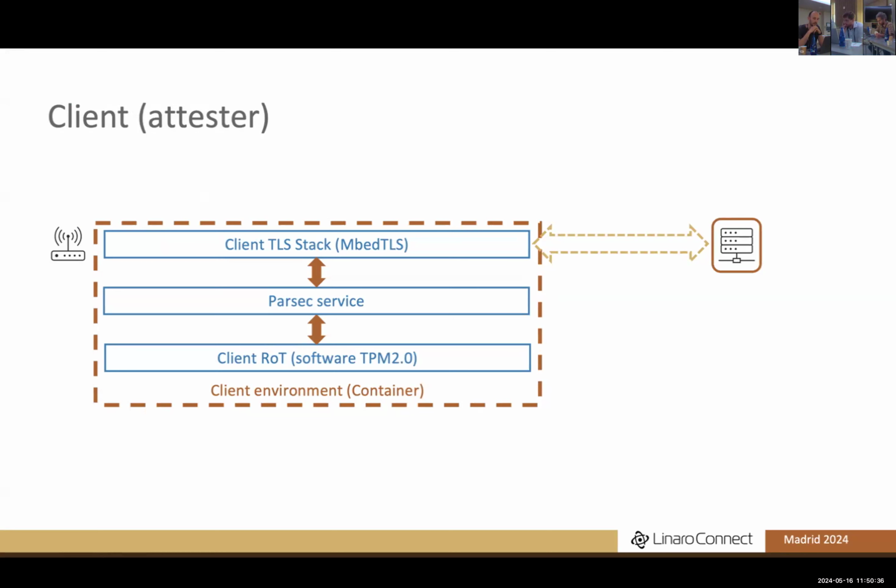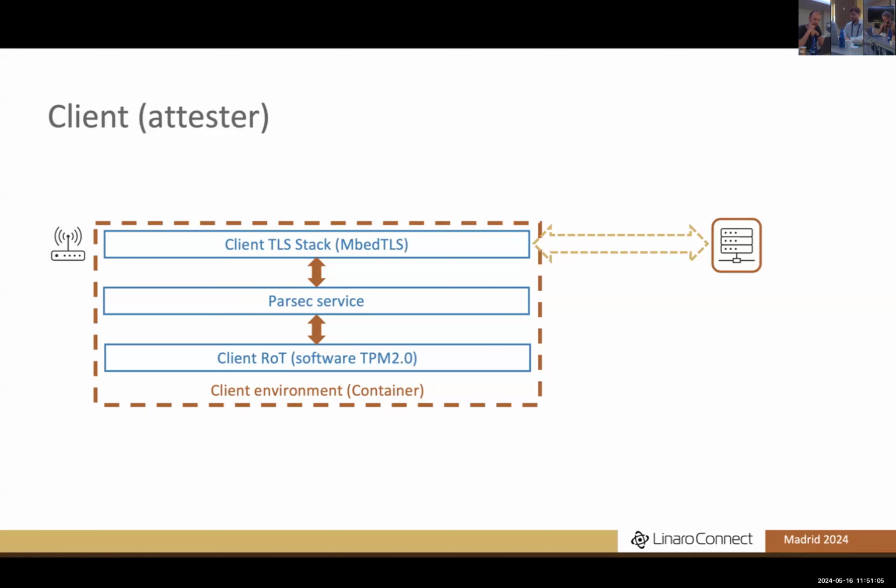On top of this software TPM, we're using Parsec to provide an abstraction for the attestation. And on top of that, we have mbed TLS. So mbed TLS communicates with Parsec, which gets the attestation evidence and handles all the cryptography for the actual TLS implementation. And then the TLS implementation obviously goes and talks to the server.